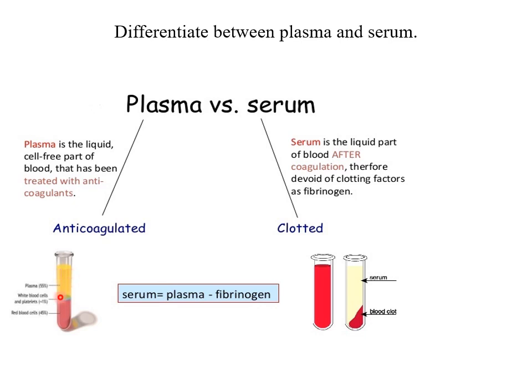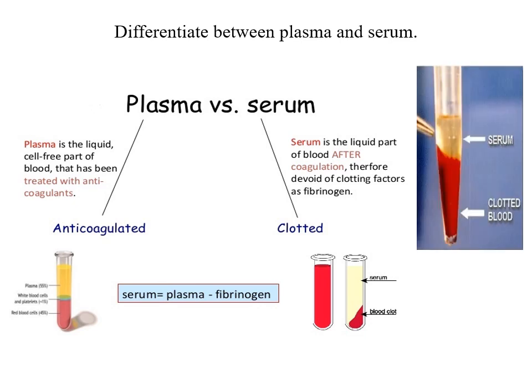Then you have a layer in the middle, called the buffy coat, which consists of WBCs and platelets. And you have a lowermost layer, which consists only of red blood cells. So the lower layer is the RBCs. The middle layer is the buffy coat, which consists of platelets and white blood cells, and the upper layer has only the plasma.